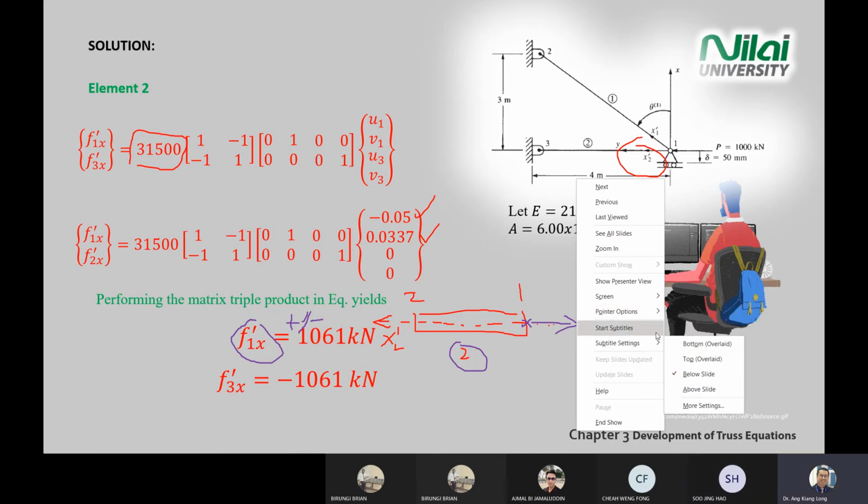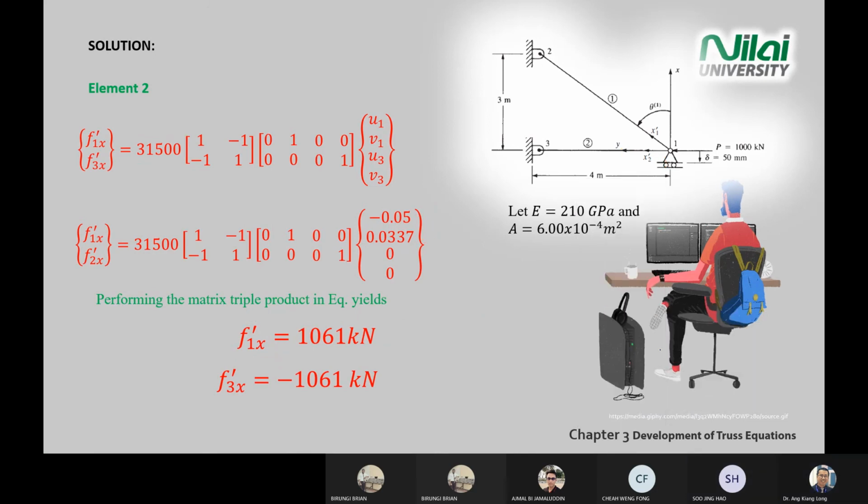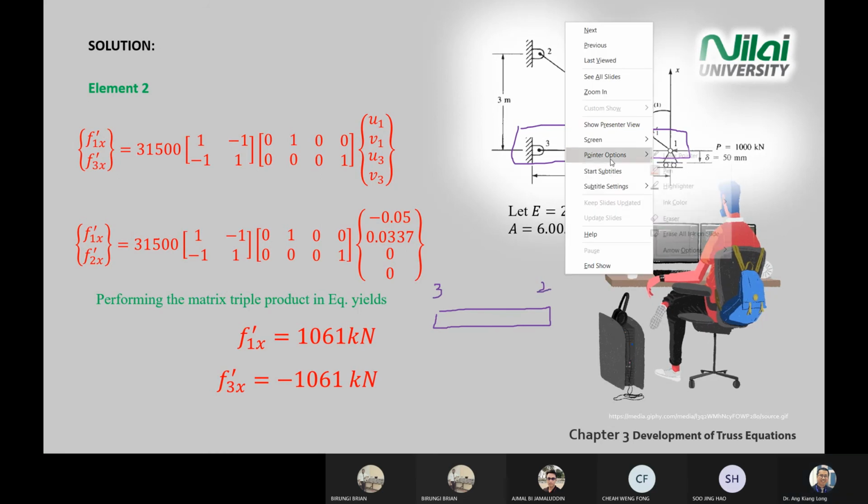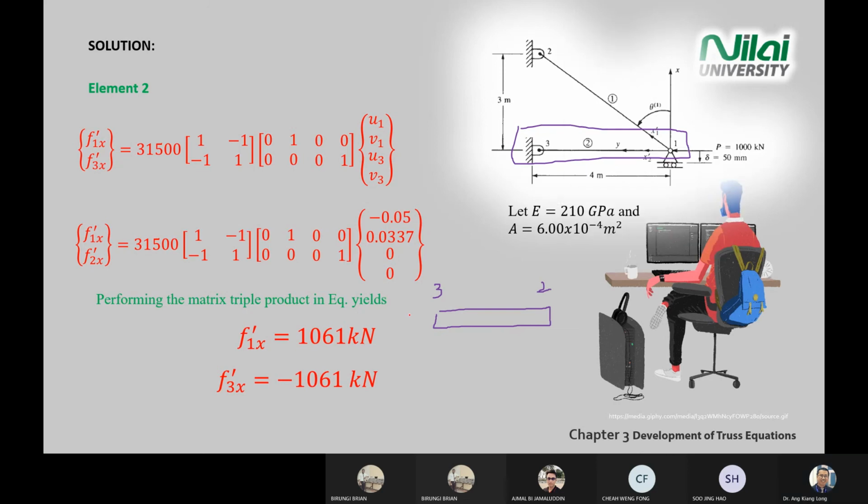Okay, I redraw the whole diagram. You are now looking at element 2, we did this one. So you just copy the shape of element 2. You have a 0.3, 0.2. Then you draw the axis. This color axis is what?